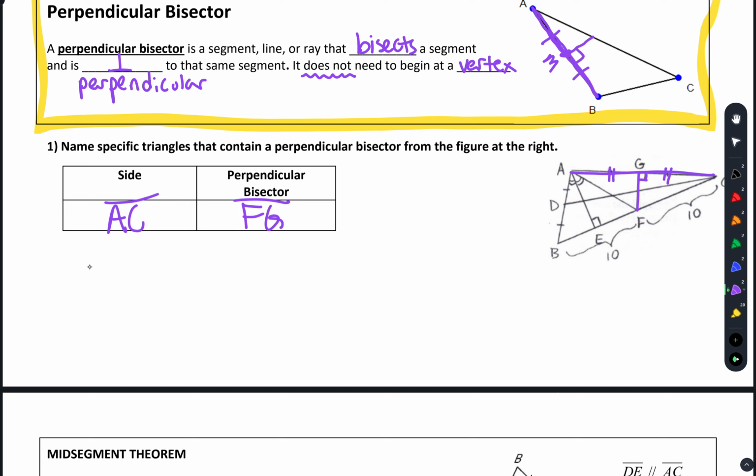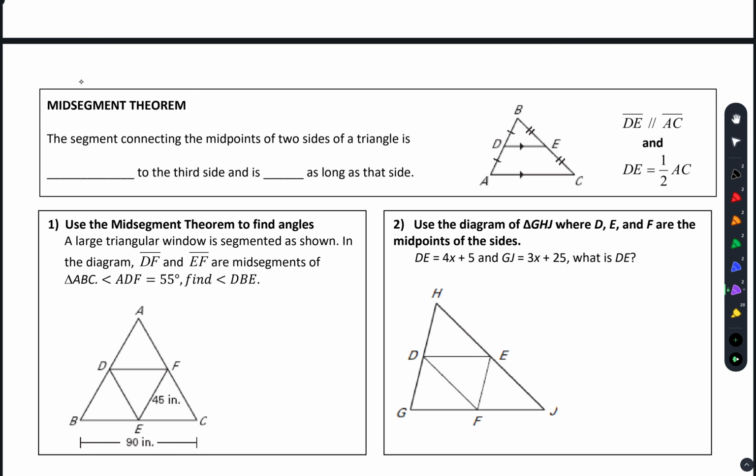Okay, I have a secret 3rd page for you, I'm sorry. The last special segment that we are going to see is called the mid-segment. Now, the mid-segment gets a bunch of special properties. The mid-segment is kind of different from the 4 that we've talked about so far.